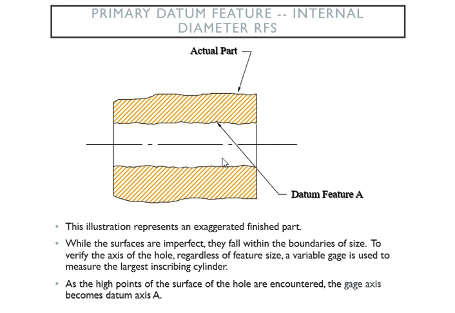Because we're still in the internal diameter, the gauge is also a cylinder, by the way, and you're putting the cylinder into the cylinder. So the gauge is used to measure the largest inscribing cylinder, and your gauge axis is going to be your datum axis.